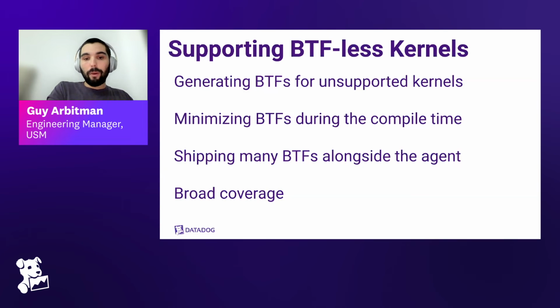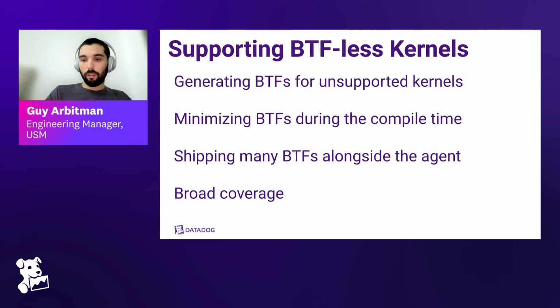So the minimizer tool takes the BTF file and your eBPF program, and generates a minimized BTF that weighs only a few kilobytes, which gives you the ability to send dozens, hundreds, thousands of BTFs along with your Docker image or package management. And by that, we are able to achieve broad coverage. Still not perfect.